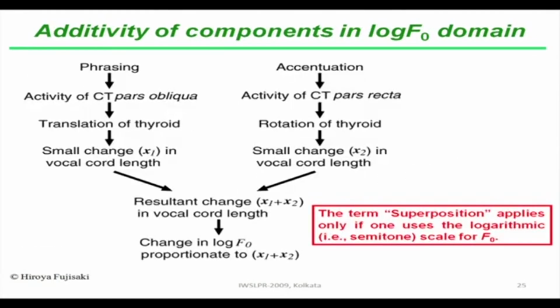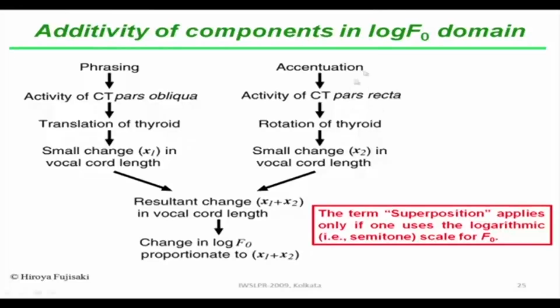Now, if I relate this to language, I can speak of phrasing and accentuation. There is a local variation and there is a global variation. If the global variation is phrasing and the local variation is accentuation, local accent, then I can say accent is controlled by rotation of the thyroid cartilage and phrasing is controlled by translation.